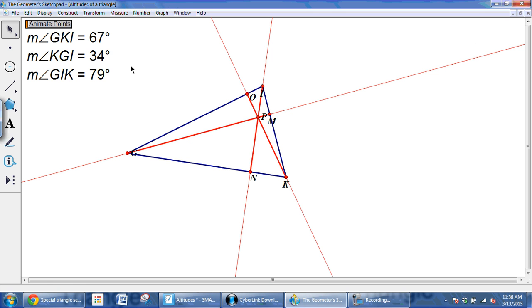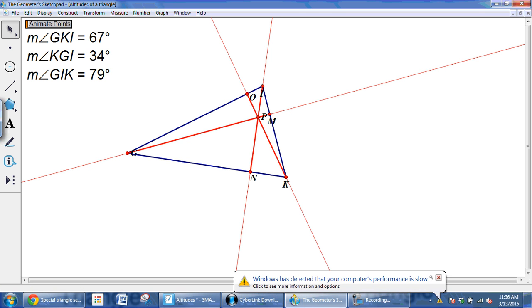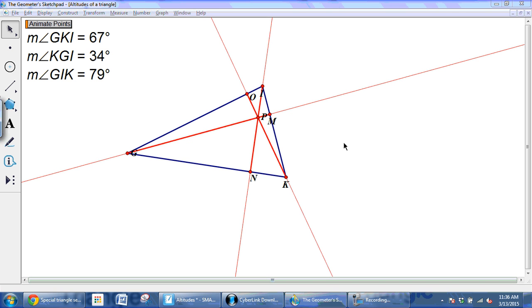As you can see, all the angles are less than 90 degrees. And the orthocenter is inside the triangle. And that will always be the case. As long as the triangle is acute, the orthocenter will be inside the triangle.